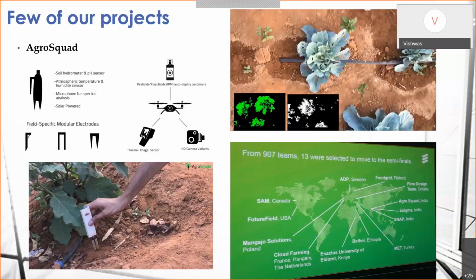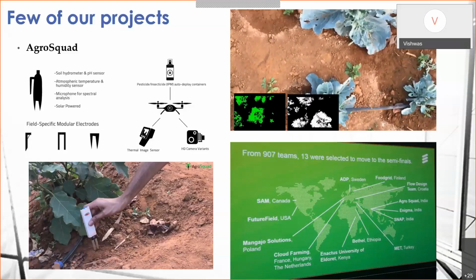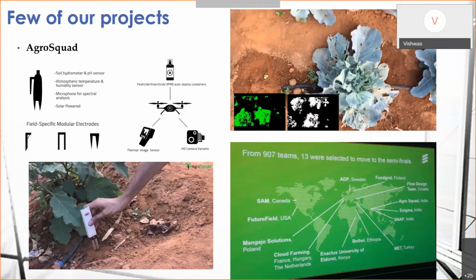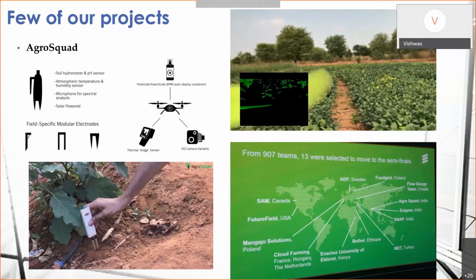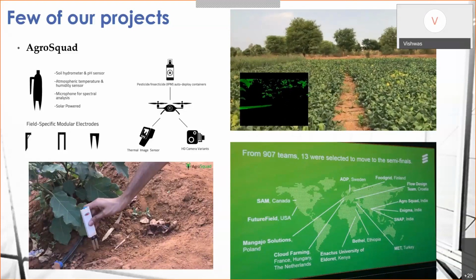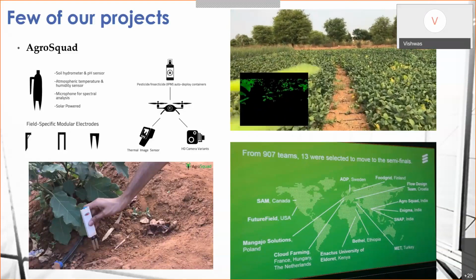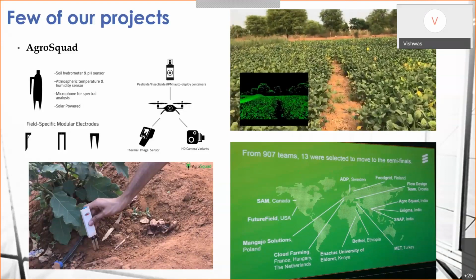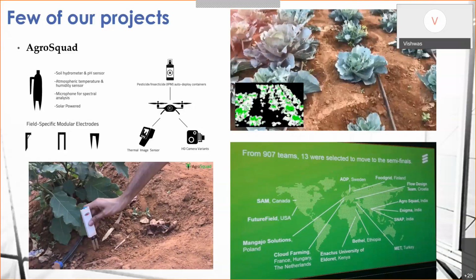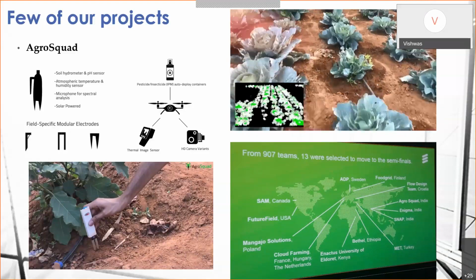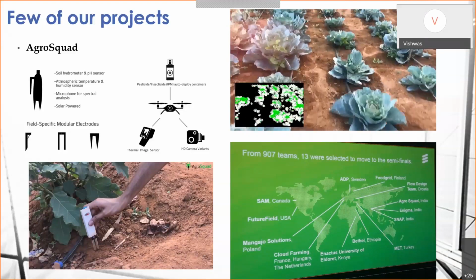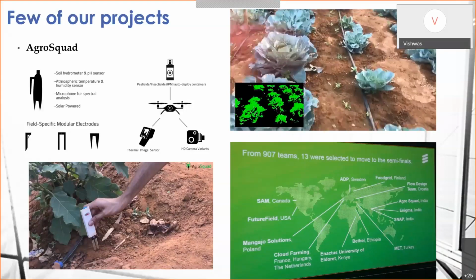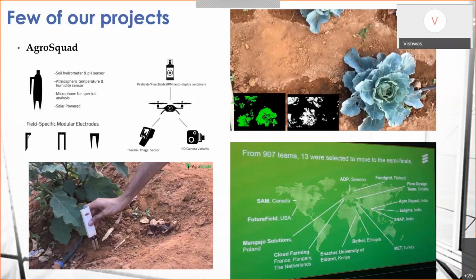On the right, you can see the video where a cabbage plant is being shown, and through image processing, we'll be able to aggregate the data and see which plants need special attention. First we'll do the survey of the whole field, then we'll use the pesticide canisters with the spraying mechanism to go there and spray the pesticides only on the particular plants which need special attention.